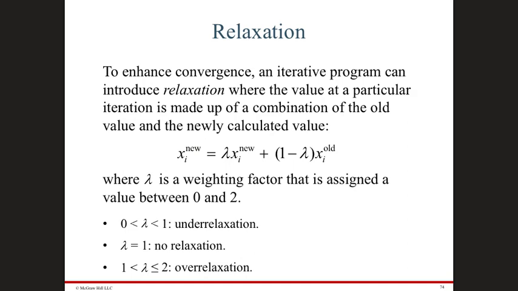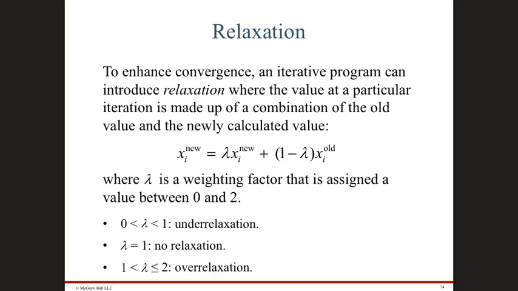Another thing is, it sounds kind of opposite to the meaning of the word, but the concept of relaxation is a way of enhancing the convergence of a numeric approach, particularly the Gauss-Seidel, for example, and the Jacobi.